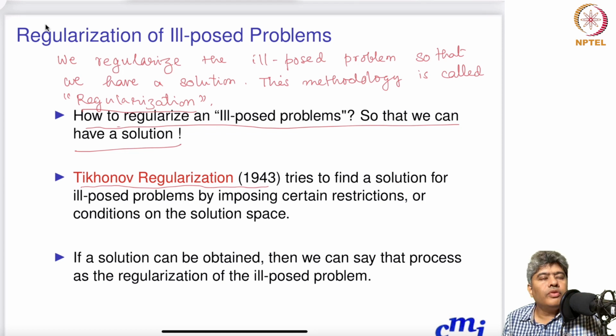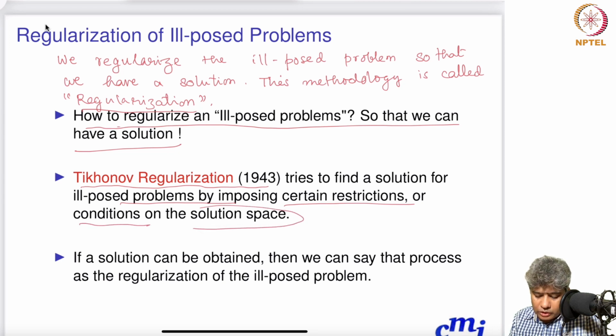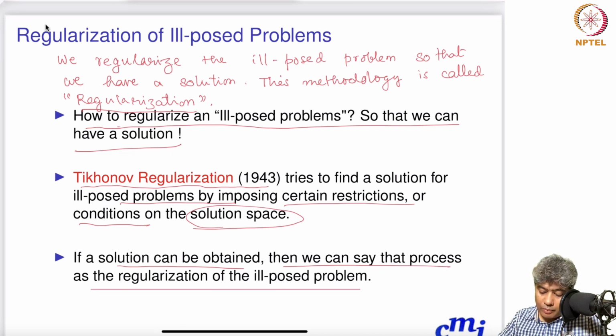Andrei Tikhonov was a Russian mathematician. He tried to find the solution for ill-posed problems by imposing certain restrictions or conditions on the solution space. If a solution can be obtained this way, then we can say the process is regularization of the ill-posed problem.